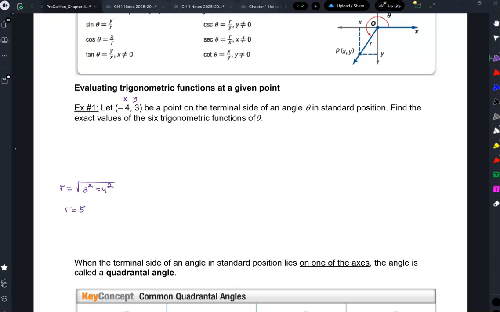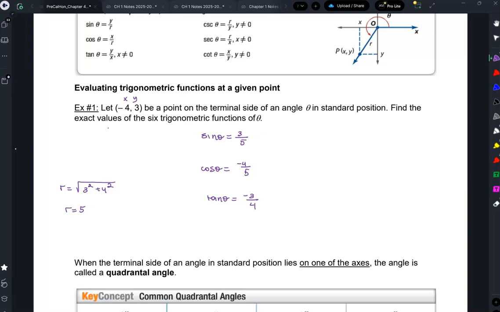There is no need to draw a diagram. So now, sine of theta, I know is always y over r. The y coordinate here is 3 over 5. Cosine of theta is always x over r. The x coordinate is negative 4 over 5. Tangent, y over x, negative 3 over 4. All this without drawing a diagram.